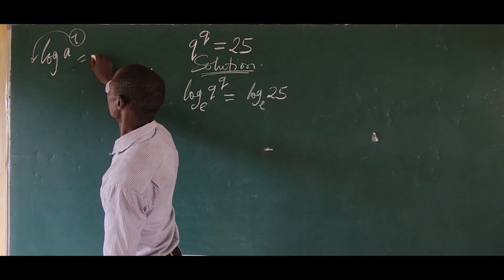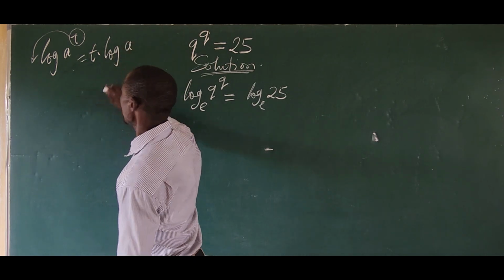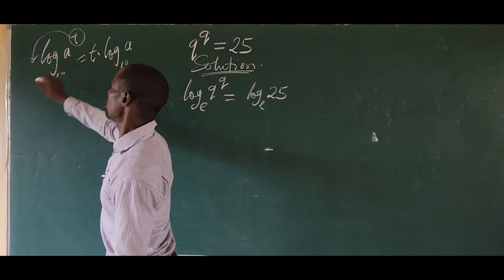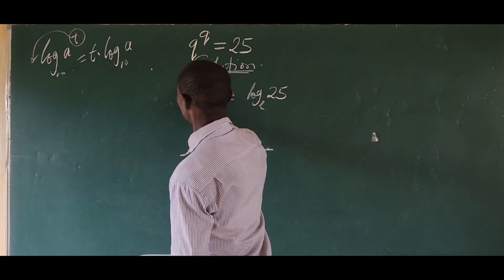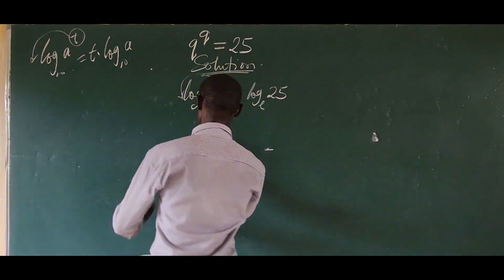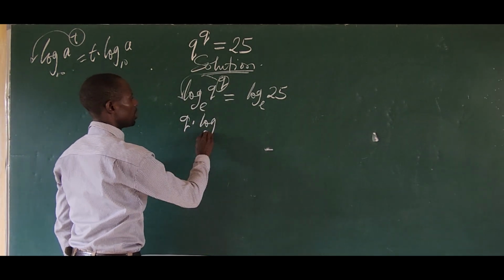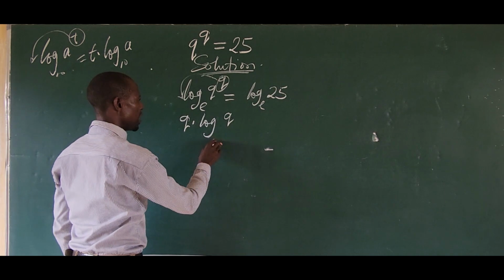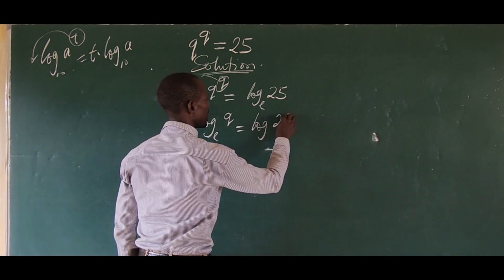So this is going to give us t times log a. Here we have base e. So we want to move this q down, and doing that, this will give us q times log q base e equal to log 25 base e.